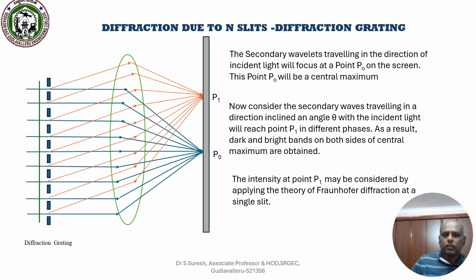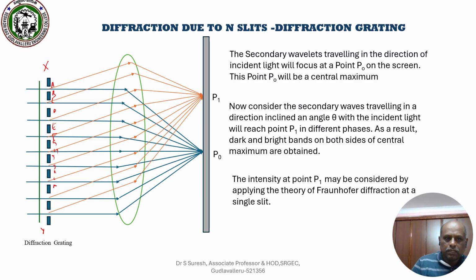Now the diffraction due to n slits. That means a diffraction grating can be imagined as diffraction due to n slits. So let us consider a diffraction grating XY having so many slits A, B, C, D, E, F, G, H, I, J, K, L, and so on.